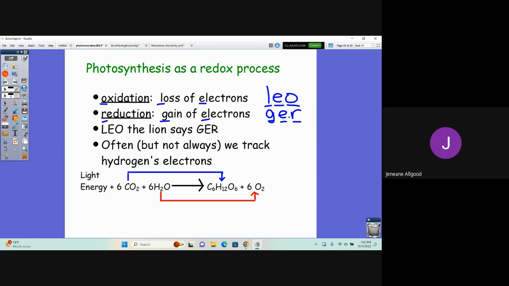So in going from CO2 to glucose, have I gained or lost hydrogens? I gained. And so what is the gain of electrons or the gain of hydrogens called? Reduction. So this is a reduction step. And we say that CO2 gets reduced to become glucose.